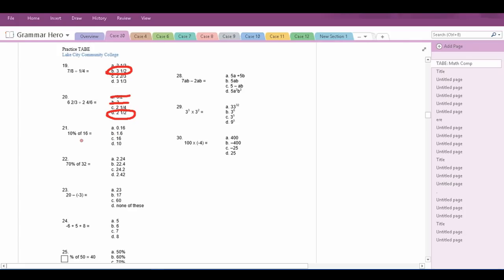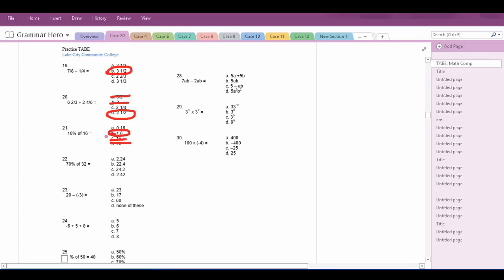10% of 16. We're basically trying to figure out what over 16 is going to give us 10%. 10 over 16 is more than half. 16 over 16 is 1. 1.6 divided by 16 will get us 10%.